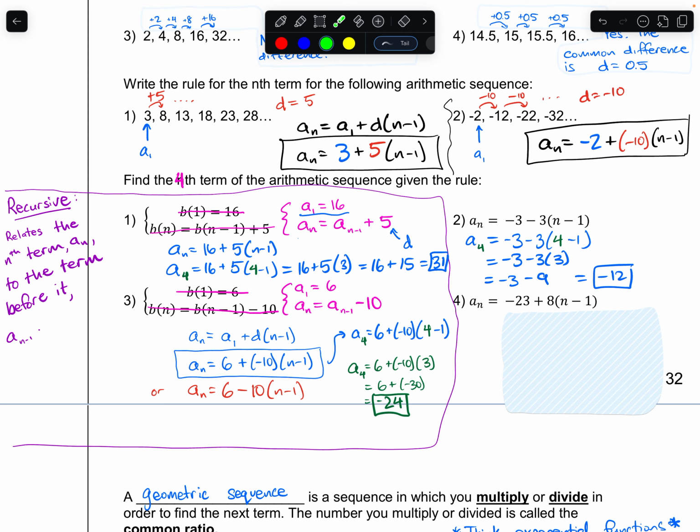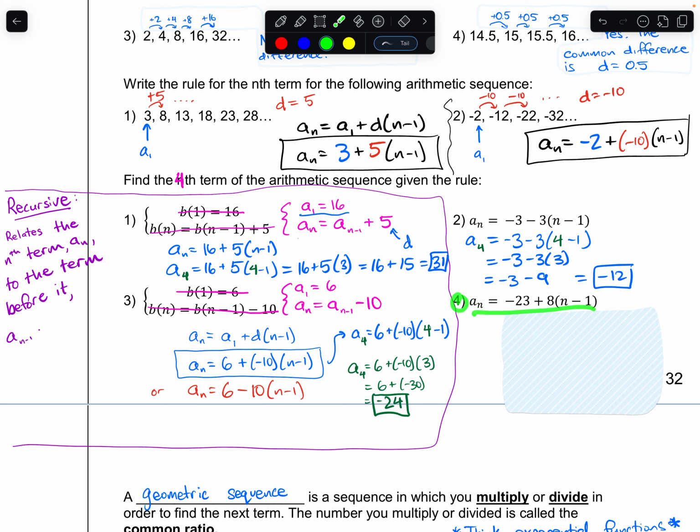If you really want to, this plus negative 10 thing, you can just write minus 10. However you want to write it. But eventually we're going to move from this explicit rule with n, and we'll replace n with 4. After that, order of operations, and we should end up with the fourth term being negative 24.